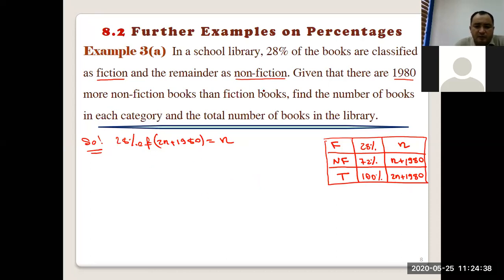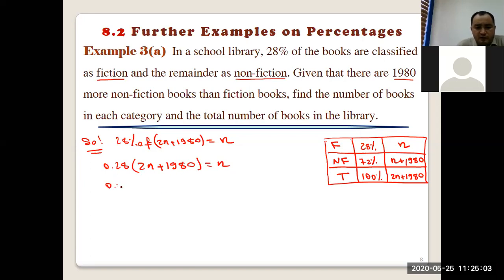Okay, we have read the problem and just drawn a table and described the data here. Now using this data, we form our equation. Now we have to solve this. 28%, we know that it's just 0.28 times 2n plus 1980 is equal to n. So we have to solve this equation. Remove the brackets.